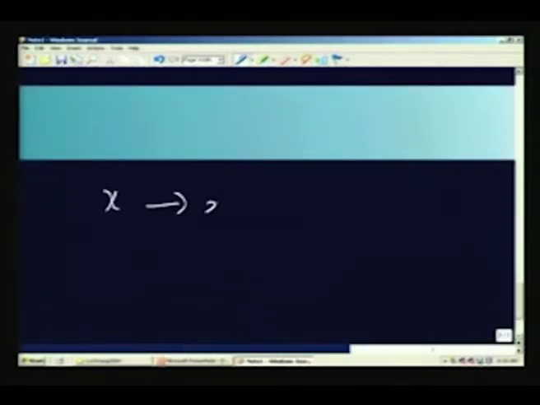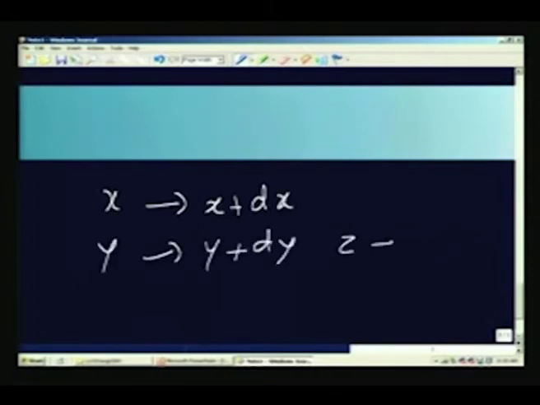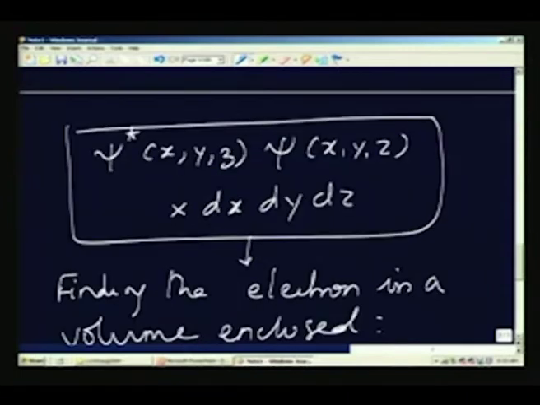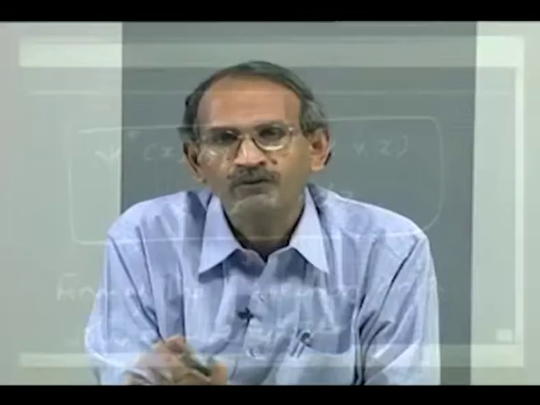Between the range x to x plus dx, y to y plus dy, and z to z plus dz, that is, in the volume dx dy dz centered around the point x, y, z. This is the interpretation for the psi. There is no other interpretation for the wave function.